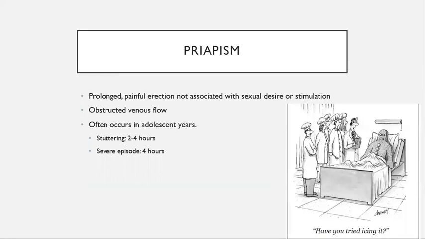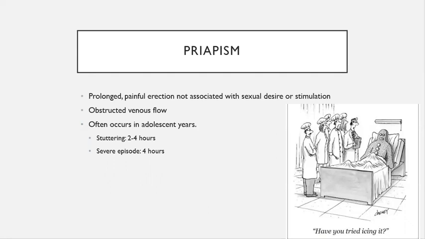Last but certainly not least is priapism. So this is a prolonged painful erection not associated with sexual desire or stimulation, and occurs as a result of obstructed venous flow, often happening in the adolescent years. 2 subtypes is your stuttering episodes.